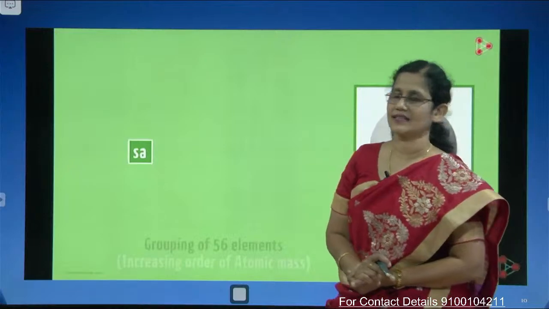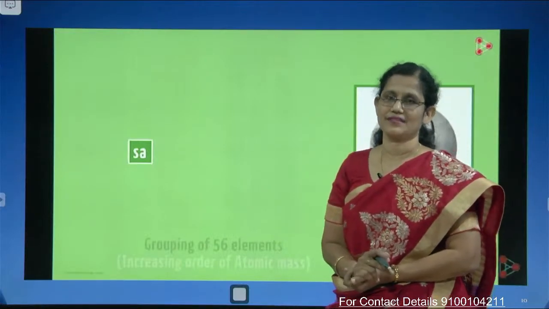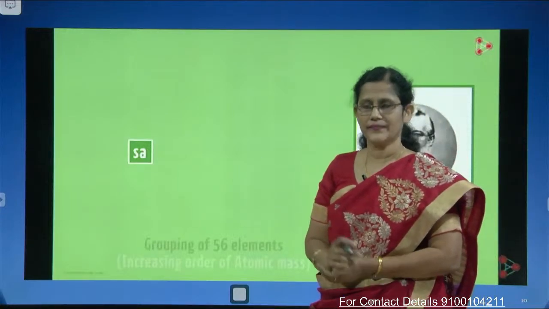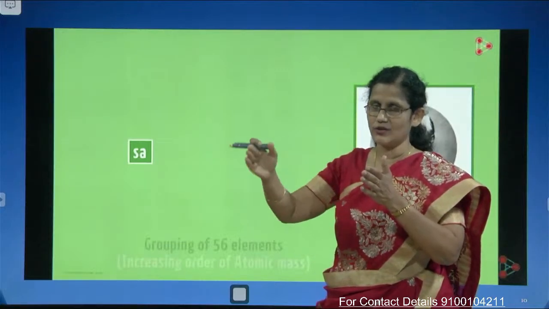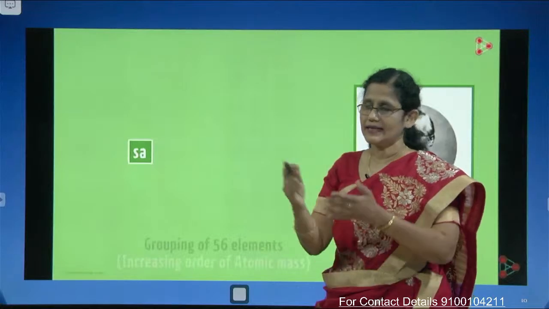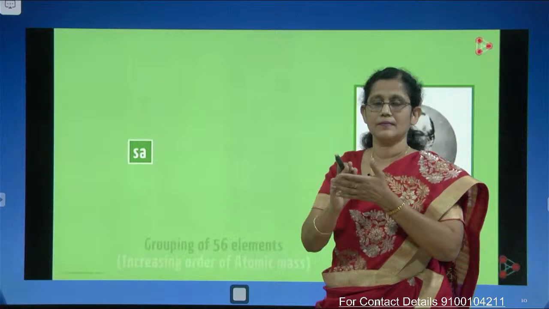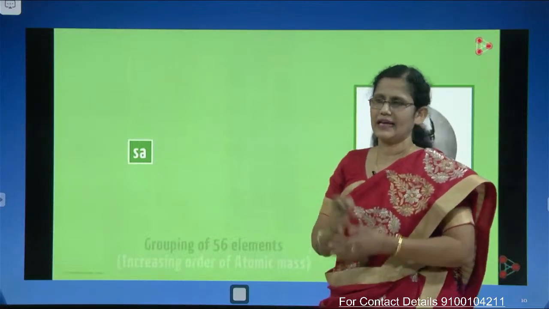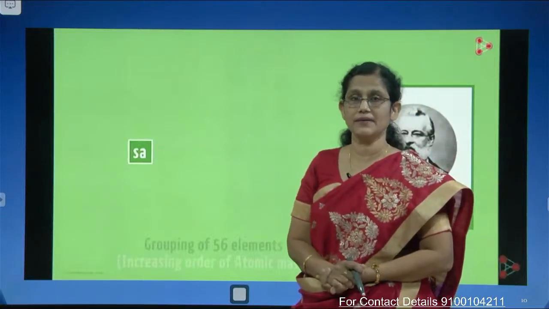Next, one more scientist, Newlands, gave one more law, the law of octaves. What is Newlands' classification? He kept elements in the increasing order of atomic weights, and he observed that at regular intervals the properties of elements are repeated.